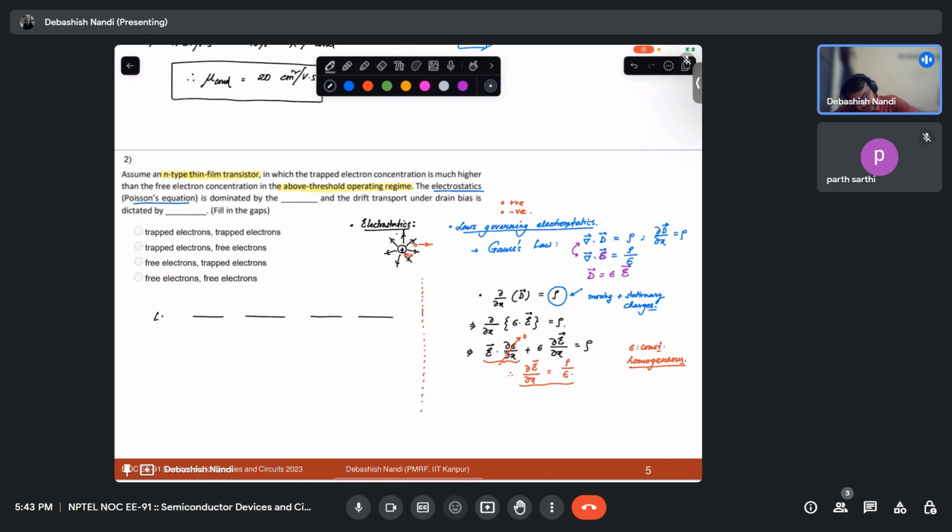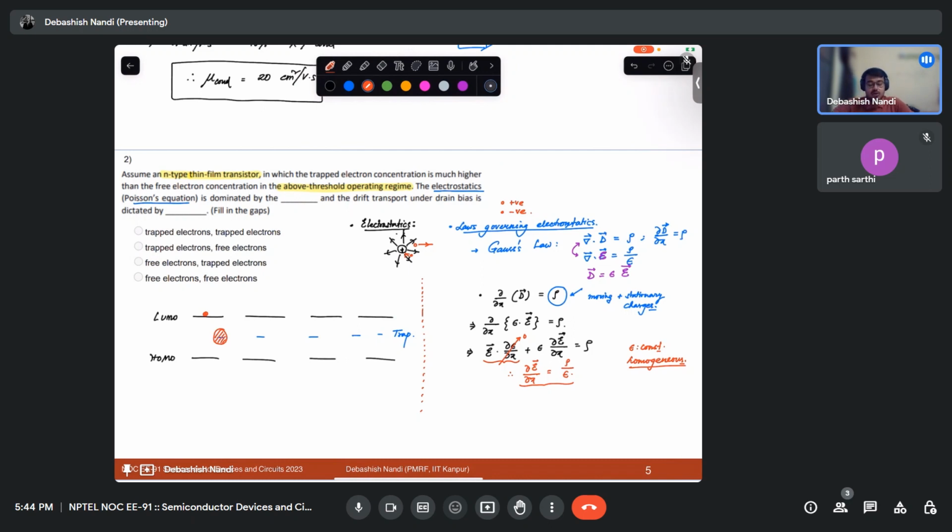So, let's say these are the trap states, and let's say a certain amount of electrons are present here and a very small amount of electrons are present here.